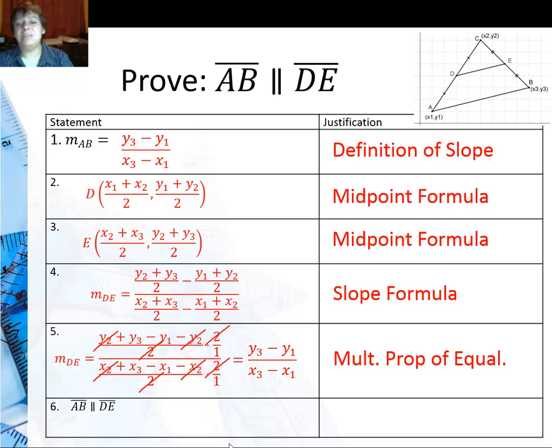All of this was the multiplication property of equality. And since I have two segments with the same slope, by the parallel lines theorem, if the slopes are the same, the lines are parallel. So we just proved that the midsegment DE is going to be parallel to the segment AB.